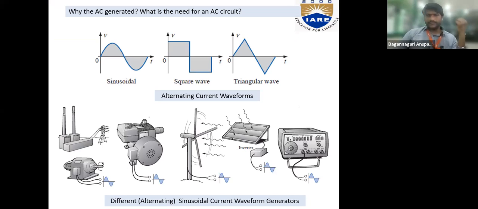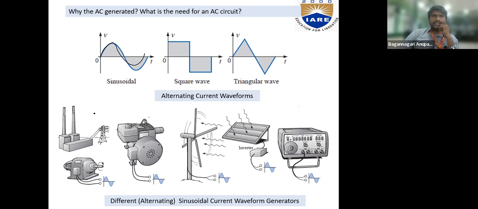What are the different types of sources we have for AC generation? Somehow by default we will be using this type of waveform, right? So what do you call this waveform? Since this waveform follows a sinusoidal property, you call it a sinusoidal waveform, right? And this is a square wave and this is a rectangular wave. All are examples of alternating currents. The waveform could be any of these, or all these three are called alternating current waveforms, AC waveforms, right?